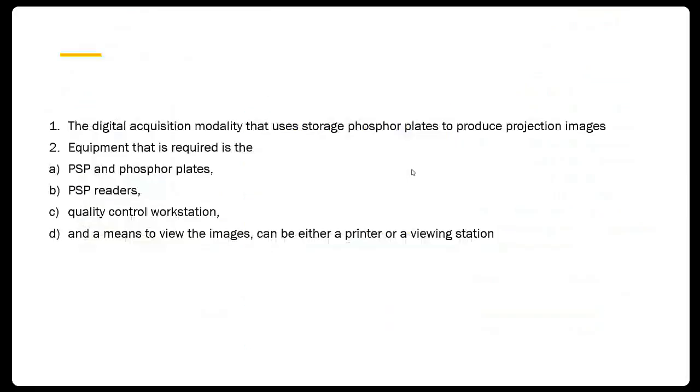These PSP plates are enclosed in a light-tight cassette. They are coated with europium activated barium fluorohalide. So what are PSP plates coated with? They are coated with europium activated barium fluorohalide.